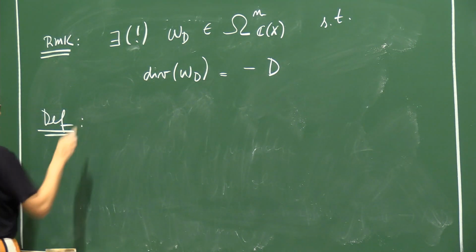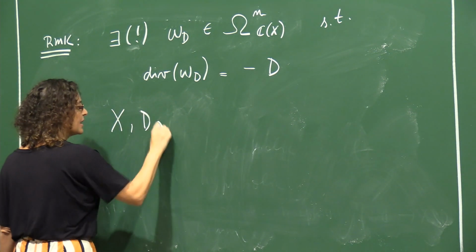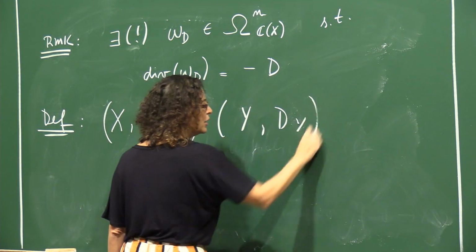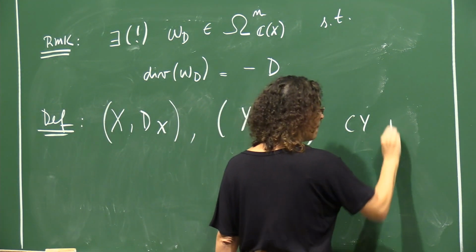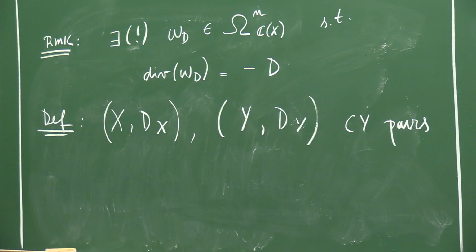So let's say that we have two Calabi-Yau pairs. We take (X, D_X) and (Y, D_Y), two Calabi-Yau pairs, and we want to distinguish some special birational maps between them.